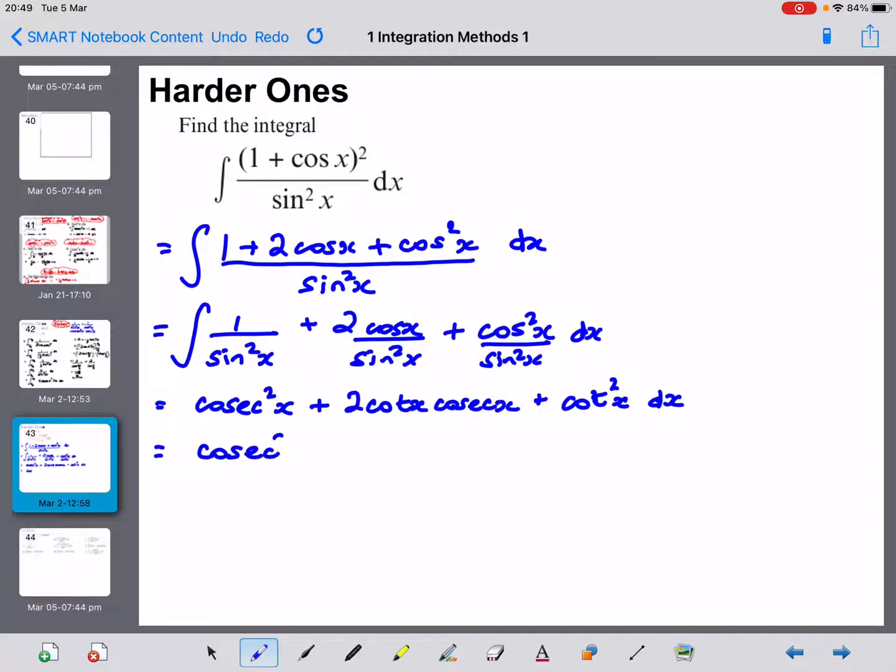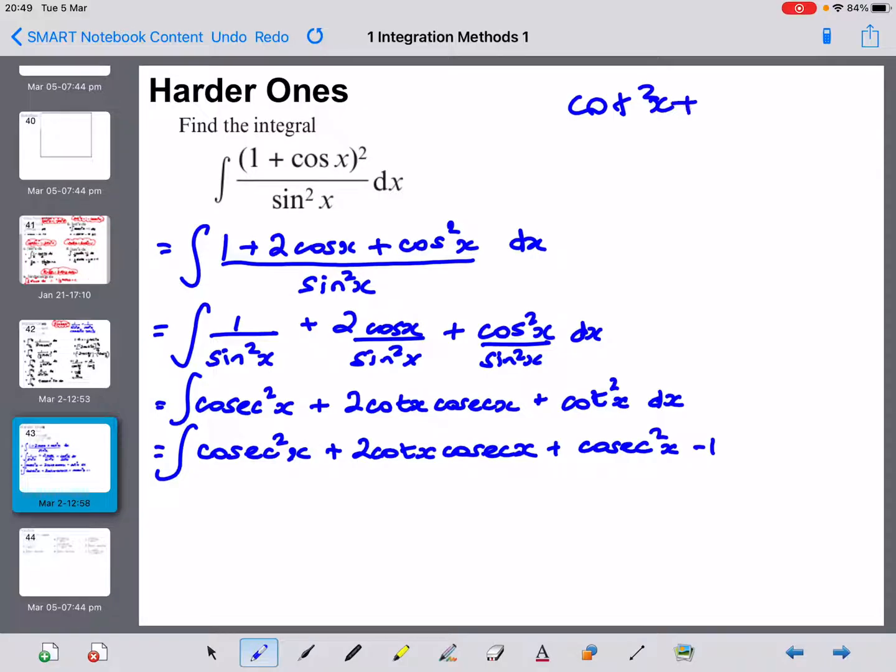So we can't integrate just yet because that third term is not ready to go. Notice I've still got my integral sign and my dx because I've not integrated yet. Cot squared, remember, is not in the formula booklet, but we can write that as cosec squared x minus 1 using the identity cot squared x plus 1 equals cosec squared x.